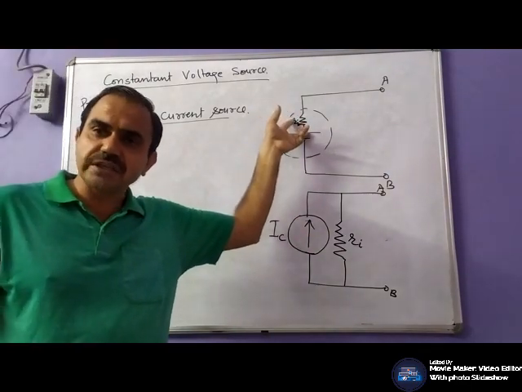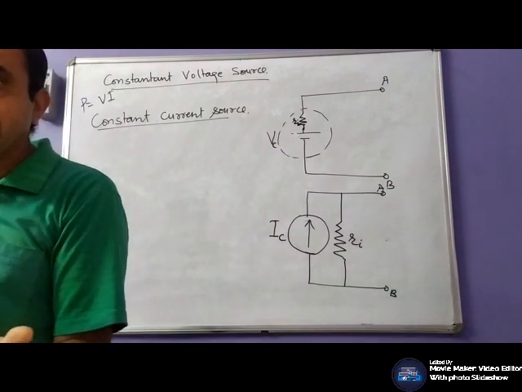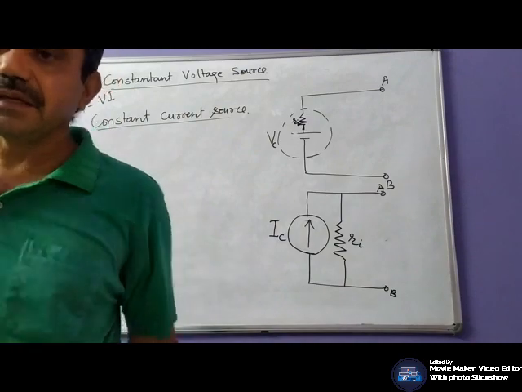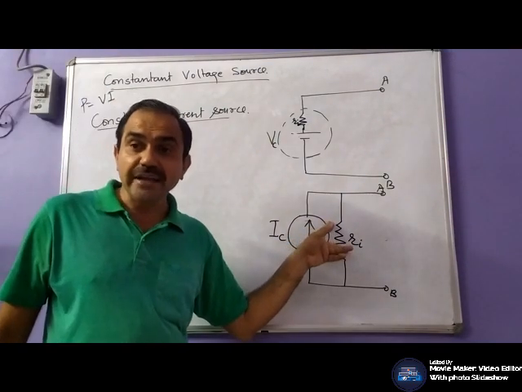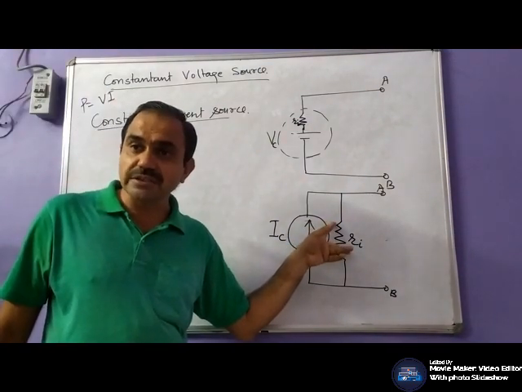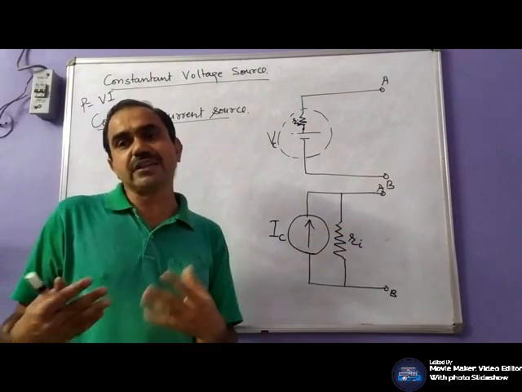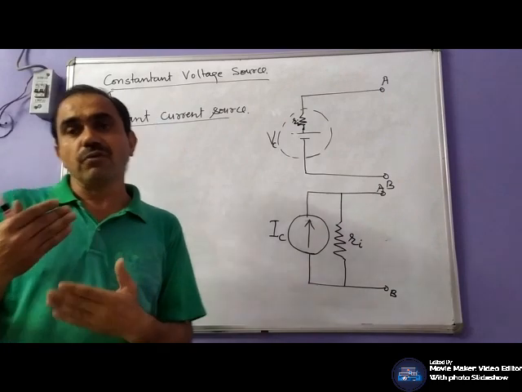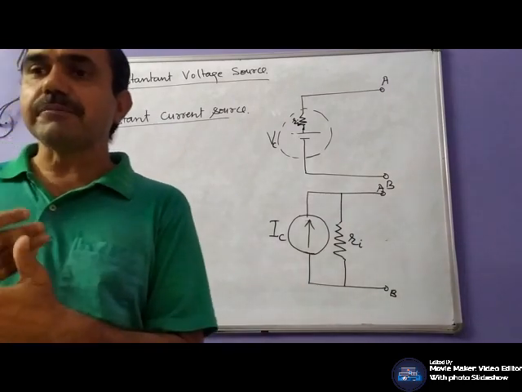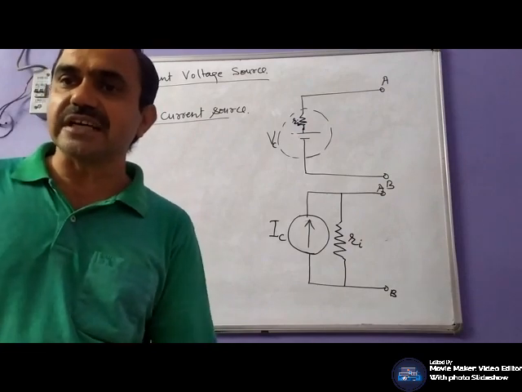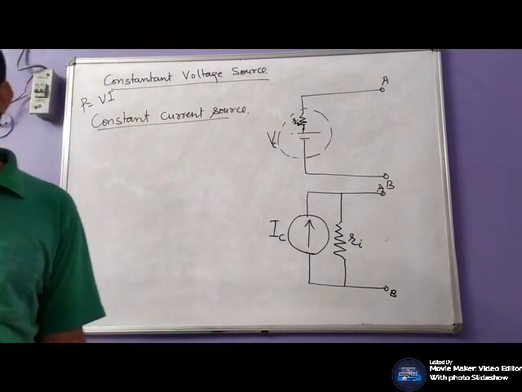And if the value is not given, what would be the low value of the resistance in case of voltage source? It would be 0. And what would be the high value of the resistance in case of current source? It would be infinite. So when we say a voltage source is replaced by its internal resistance, if given, we will place that resistance, otherwise it would be 0.